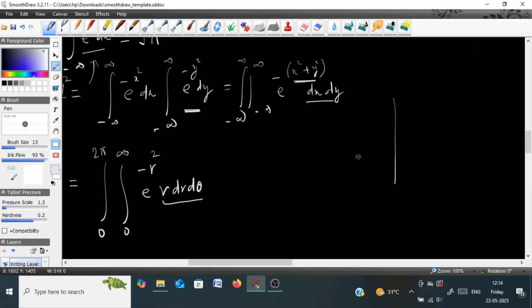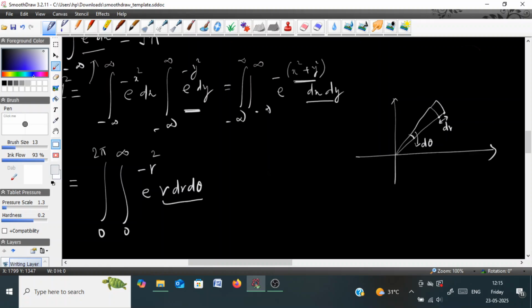because if you see dr d theta, dr is the incremental change in the radius. I say this is a very small value, that is dr, and similarly this is d theta, which is the differential change in the angle.